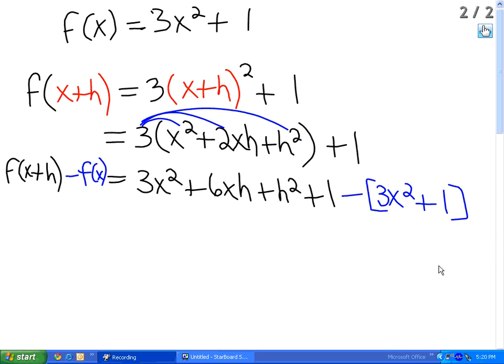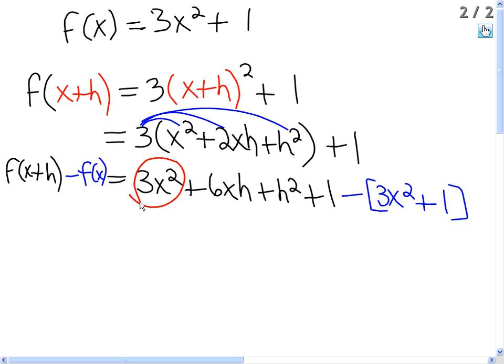So look, I have this 3x squared minus this 3x squared. So those will cancel, right? Then I have this positive 1 minus this positive 1. So those will cancel.